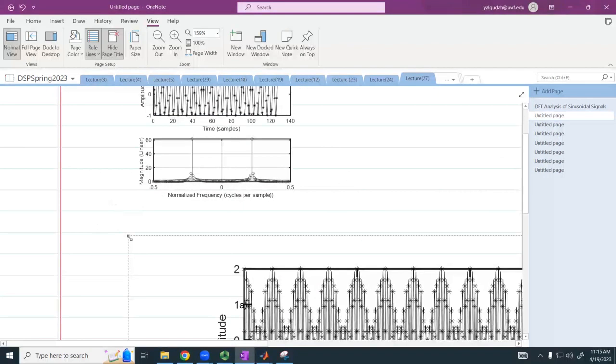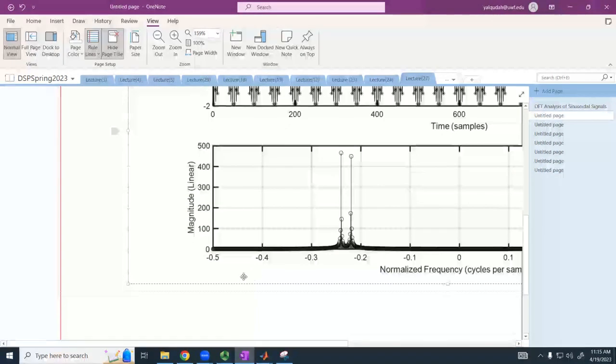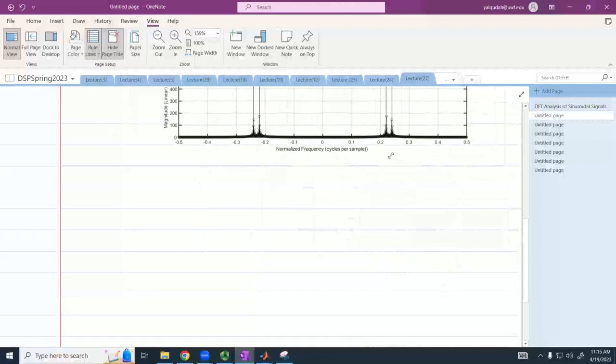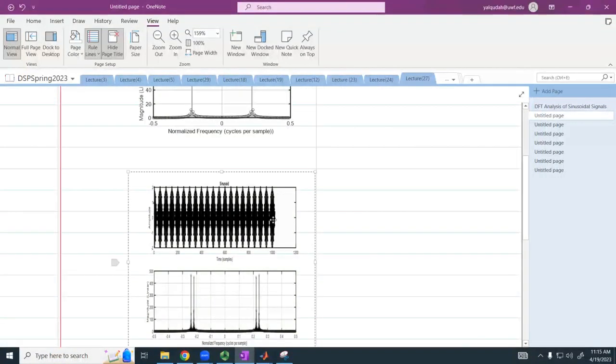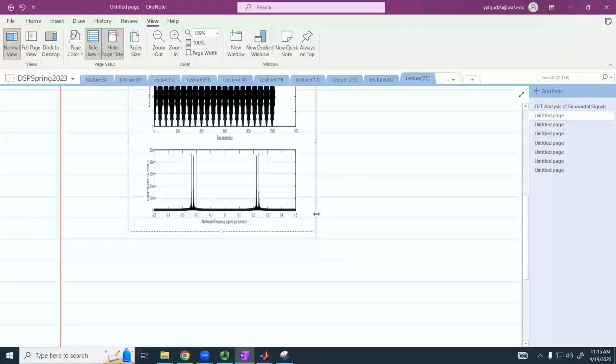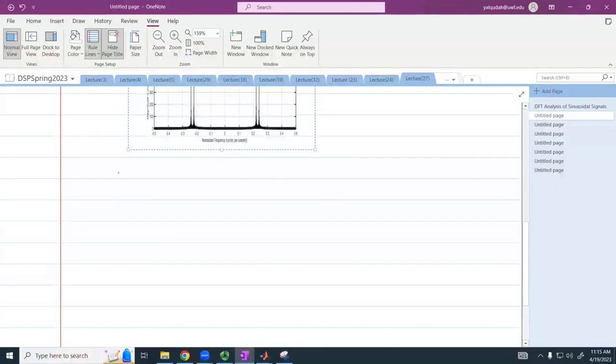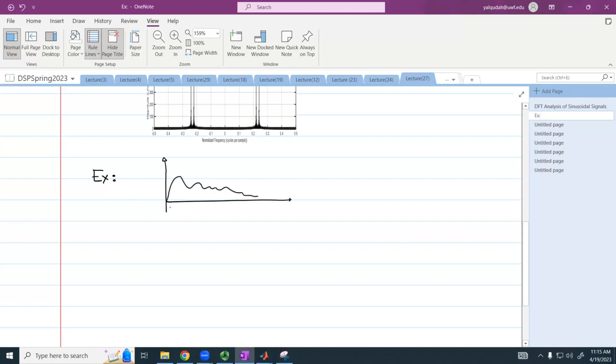Okay. Finally, before we look at the properties, I want to run an example. So let's say that we have a voice that is recorded that I want to plot the discrete Fourier transform for. So I have a voice signal.